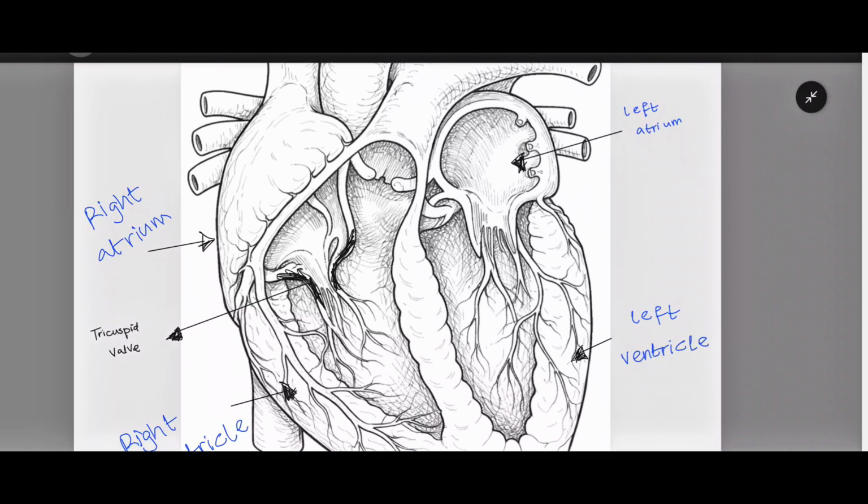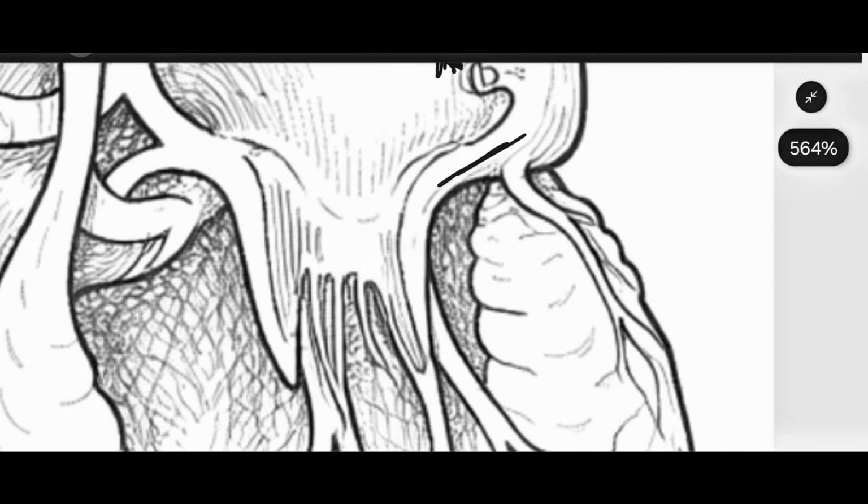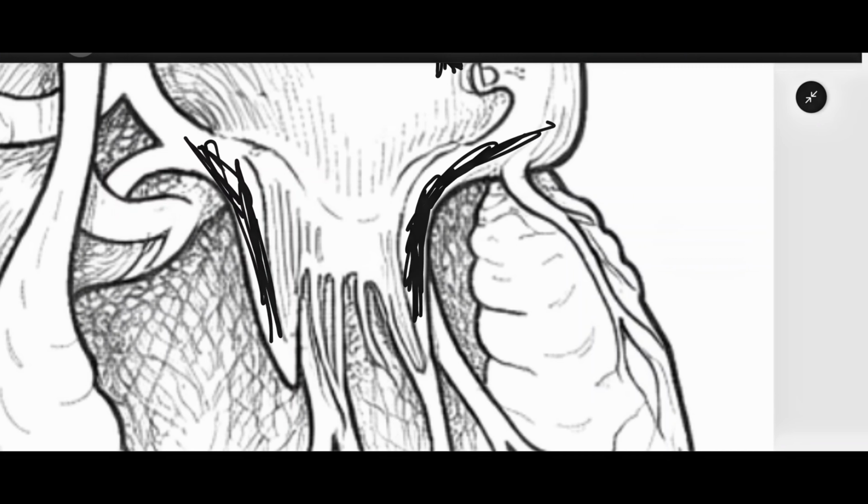Now on the other side, we have another valve that does a similar function, separating the left atrium from the left ventricle. You can see this valve here. Valves are like doorways that open up and stop blood from going back the other way.